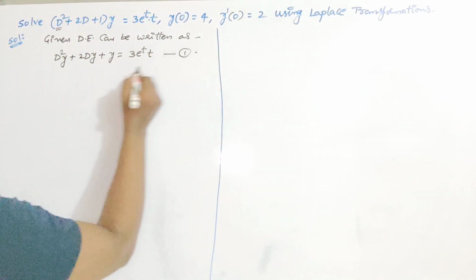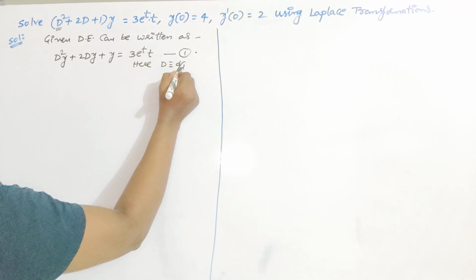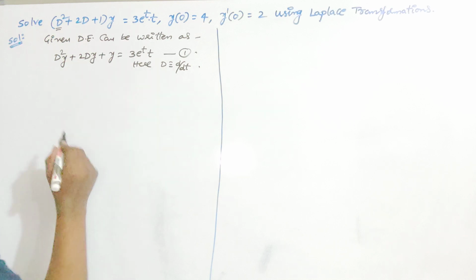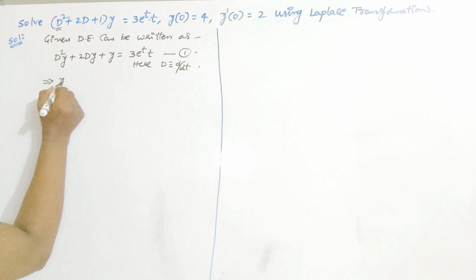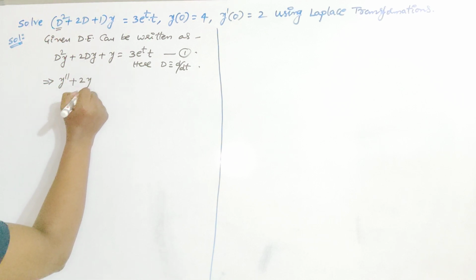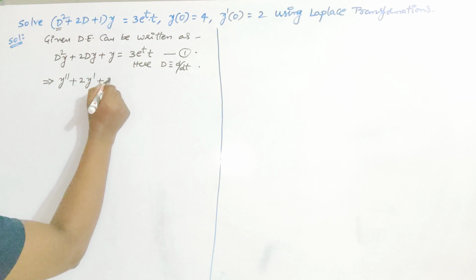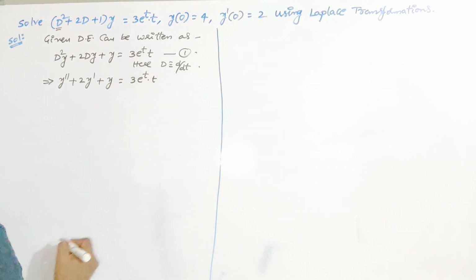Take it as equation number 1. Here capital D is nothing but the derivative with respect to the independent variable t, d by dt. That is why D square of y is nothing but the second derivative of y. I will write this as y double dash, plus 2 into the derivative of y, which is y dash, plus y is equal to 3 into e power t into t.